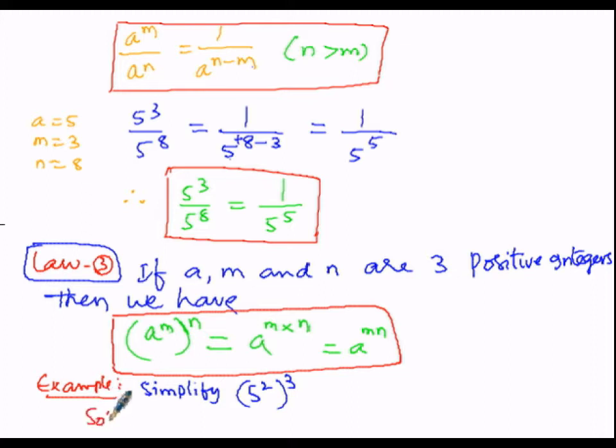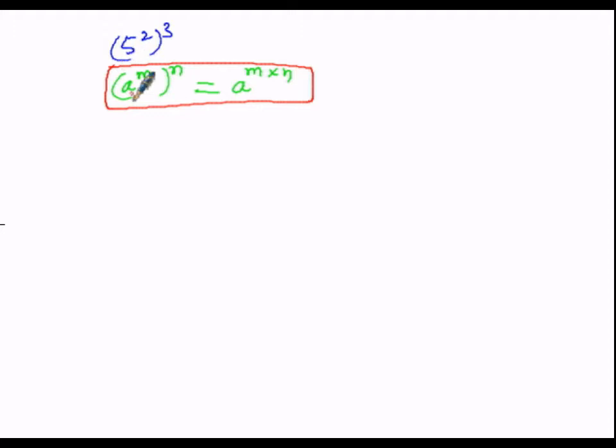As per the problem, we have (5 to the power of 2) whole to the power of 3, but according to the formula, it is in the form of (a to the power of m) whole to the power of n is equal to a to the power of m into n. So it is similar to this formula. Here a value is 5, m is 2 and n is 3.